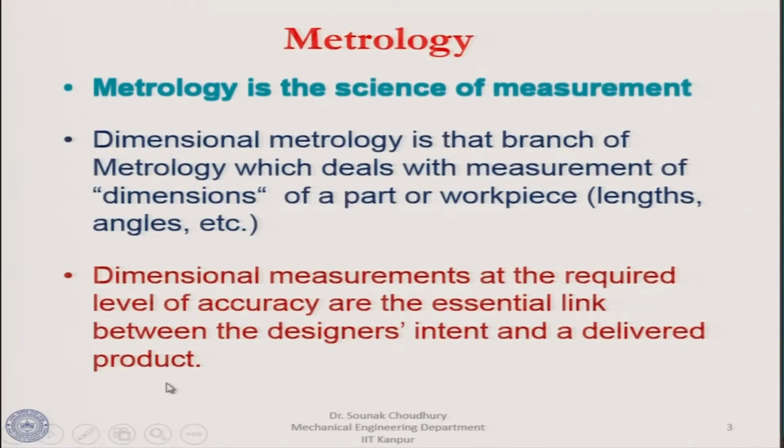a delivered product. What is meant is that a few lectures ago I discussed the concept of design for manufacturability, if you remember. Now, the designer is designing a part and putting that in the form of a drawing, an engineering drawing.